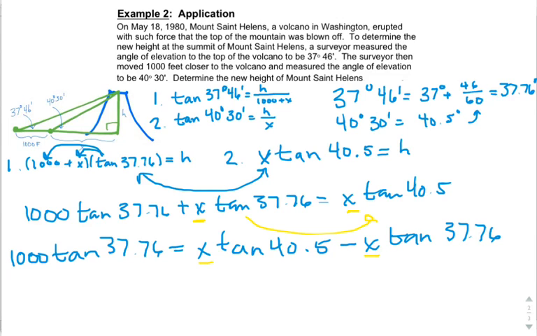So we'll write it out as x times tangent of 40.5 minus tangent of 37.76. At that point, this allows me to divide both sides by all of this, leaving x by itself.